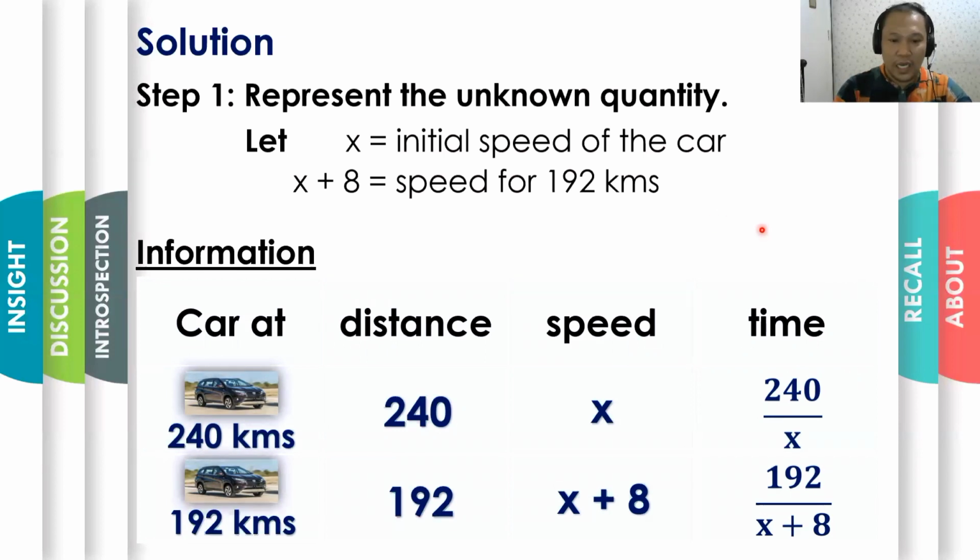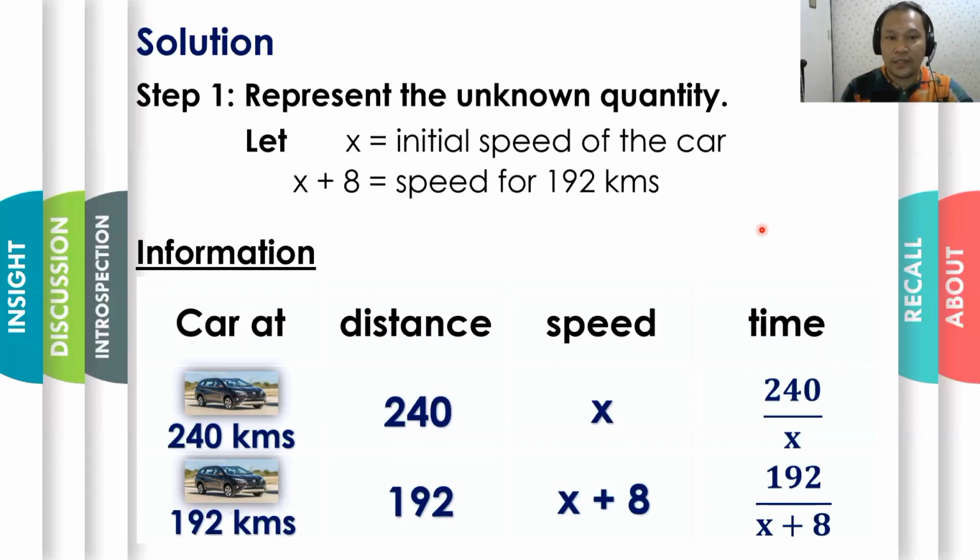If we get the sum of the time for 240 and the time for 192, the total time elapsed is equal to 10 hours.